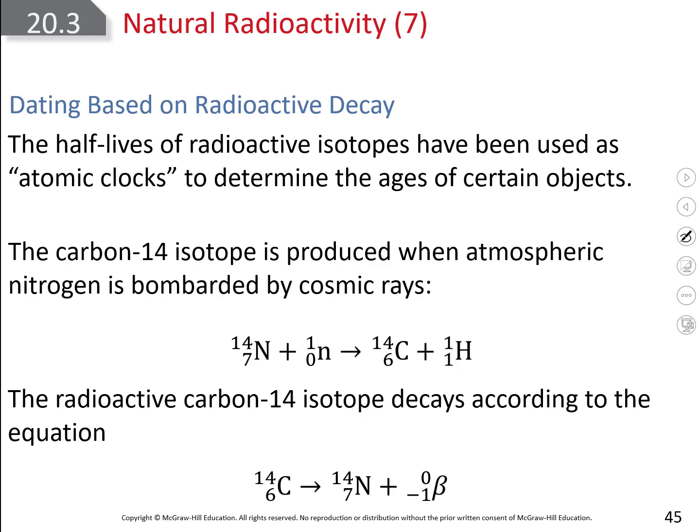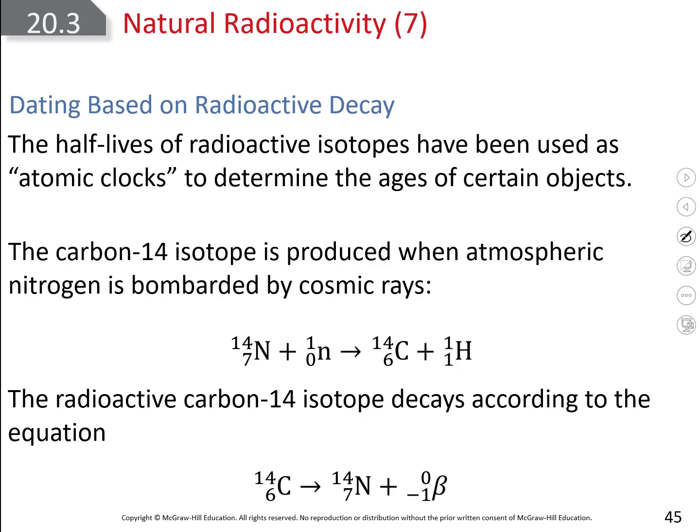So when the radiation from the sun, cosmic rays, not just the sun, but also from other stars, hit our atmosphere, they're going to bombard it with neutrons. So neutrons from cosmic rays from the sun and other stars hit our atmosphere. Those neutrons are absorbed by the nitrogen-14 in our atmosphere, turning it into carbon-14 and releasing a proton, a hydrogen.